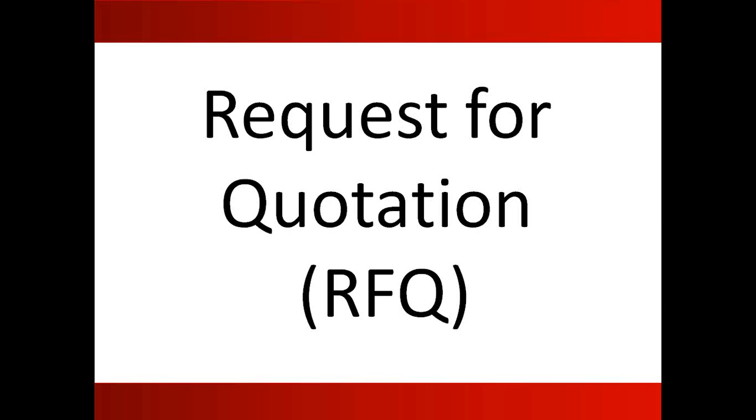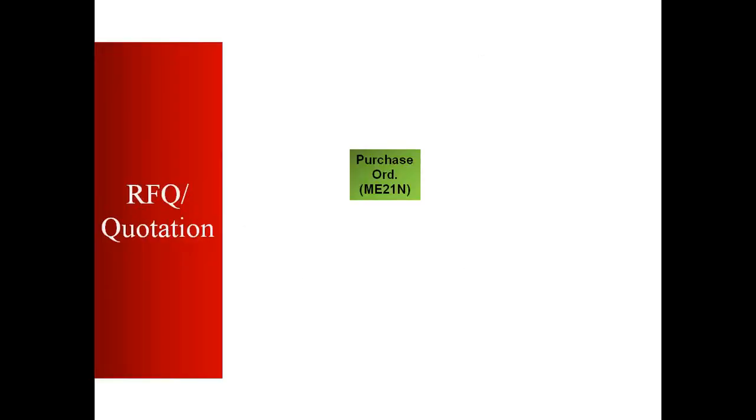Let's see some theory first, and then we'll start some practicals. In the previous topics, we have seen how to create a purchase order in SAP, then we did the goods receipt, and then we created the invoicing document.